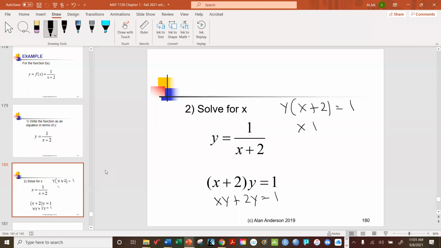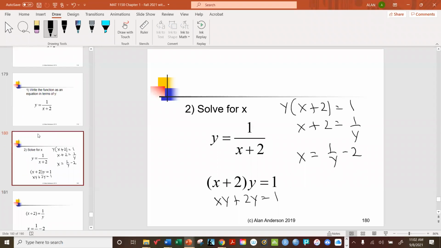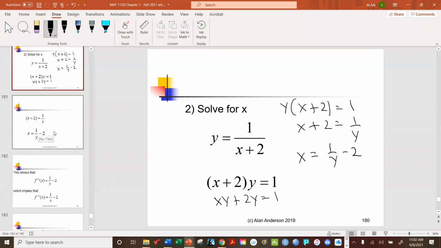I'll divide out the y from both sides. And now I'm going to subtract. And now here's where it gets strange. I can now rewrite this, and this is my inverse.